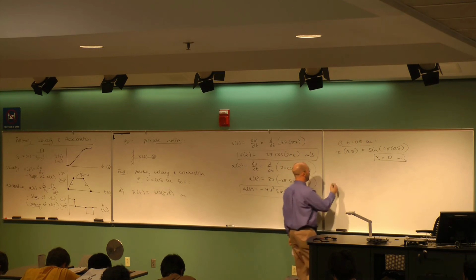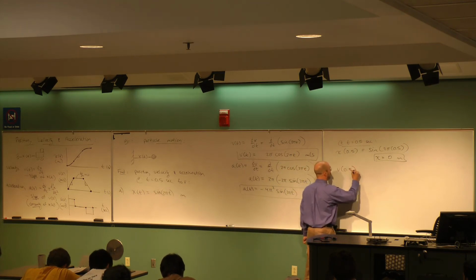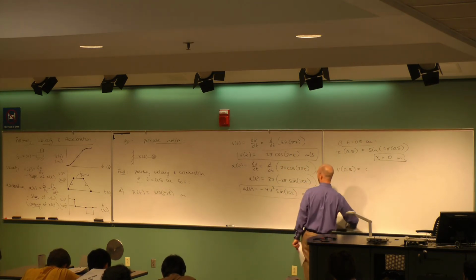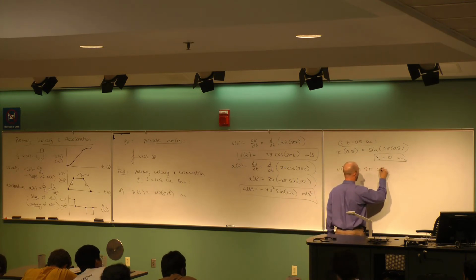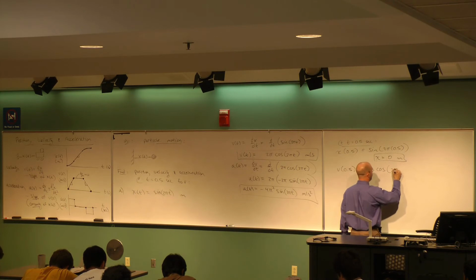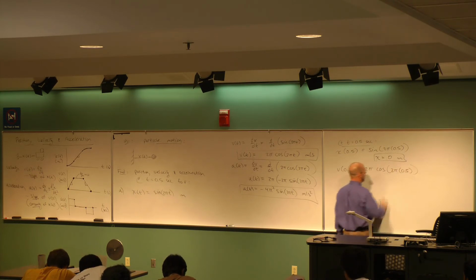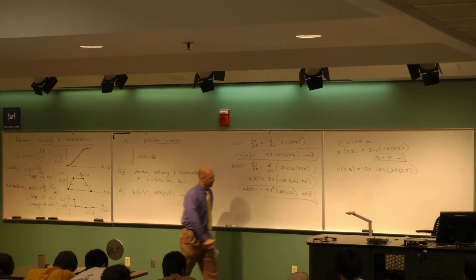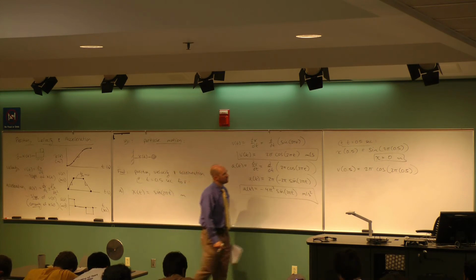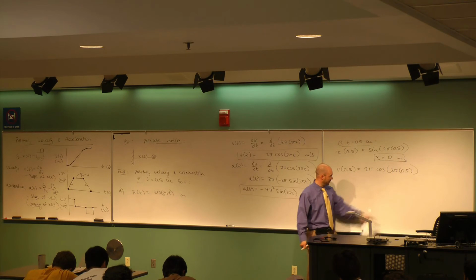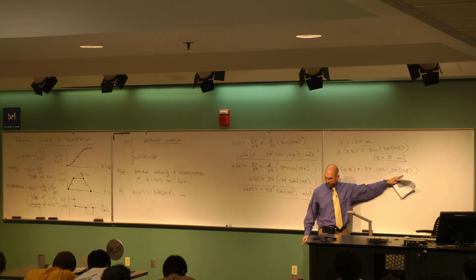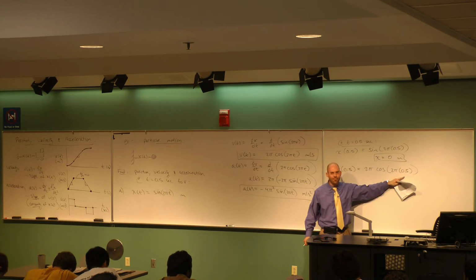Okay. What about v? V of 0.5 is, what do we have? 2 pi times the cosine of 2 pi t. So 2 pi times the cosine of 2 pi times 0.5. What's the cosine of pi? 2 times 0.5 is 1, right? So this is the cosine of pi.